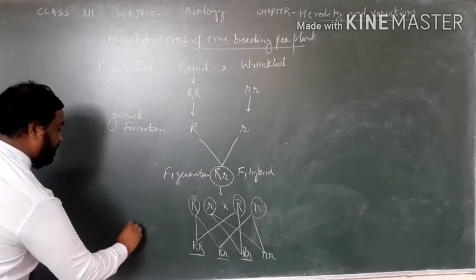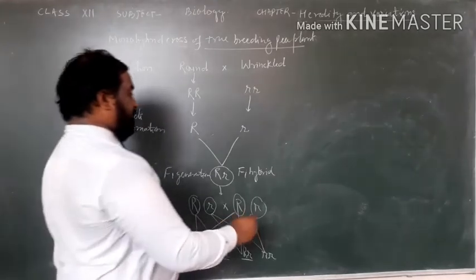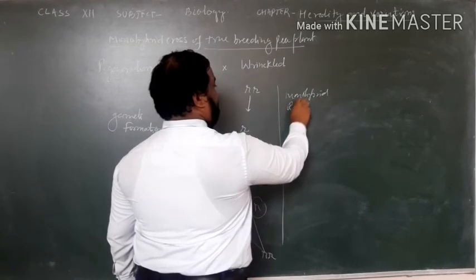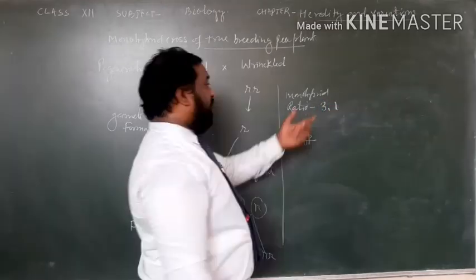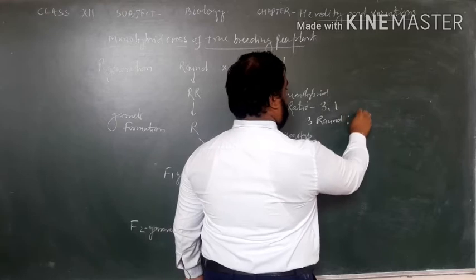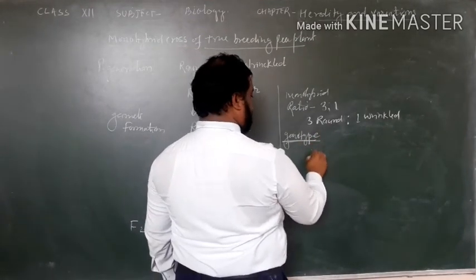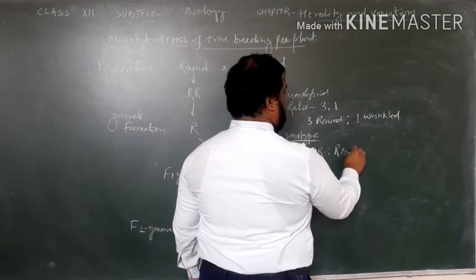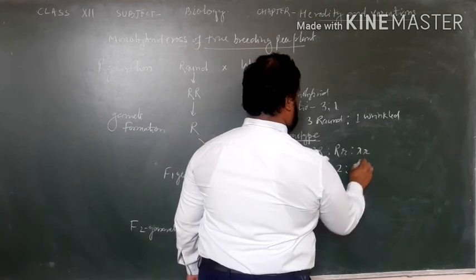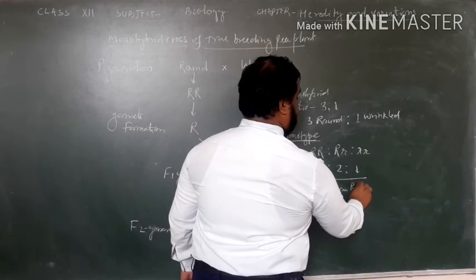So we find here the F2 generation and the monohybrid ratio is 3 is to 1, means 3 round is to 1 wrinkled, and its genotype ratio capital R capital R is to capital R small r is to small r small r, so 1 is to 2 is to 1. So this is the F2 generation ratio.